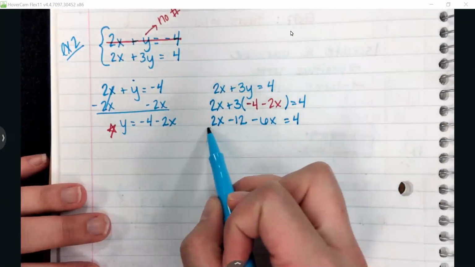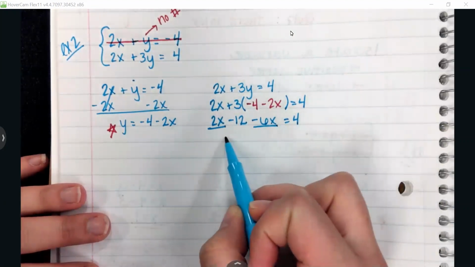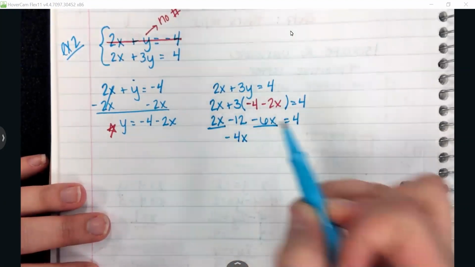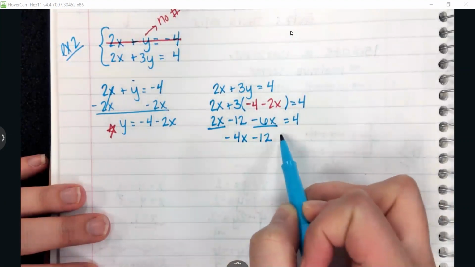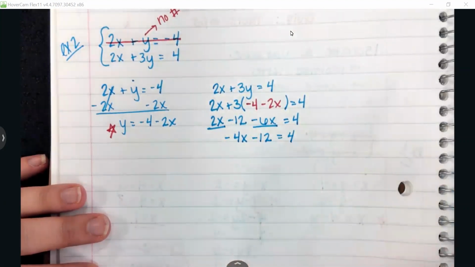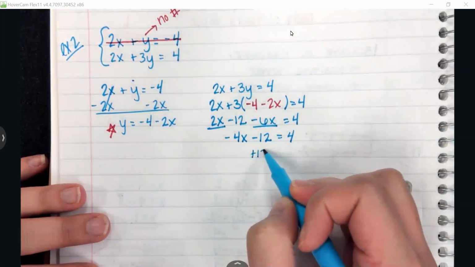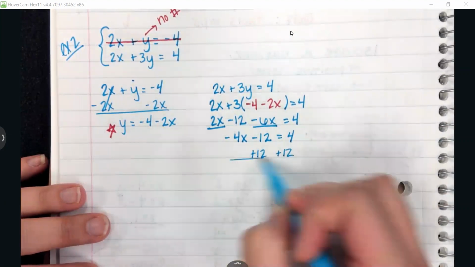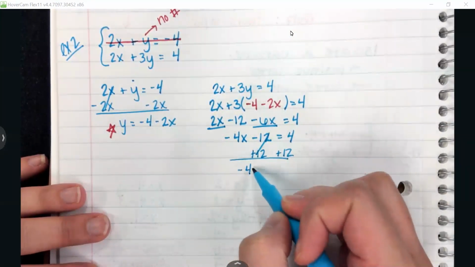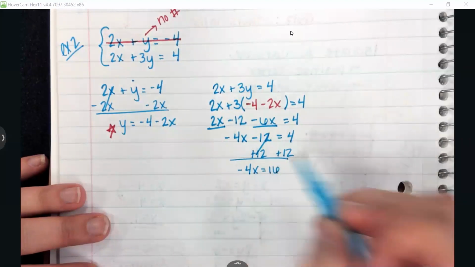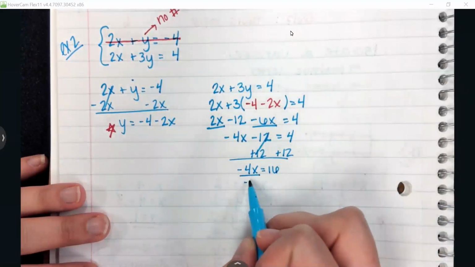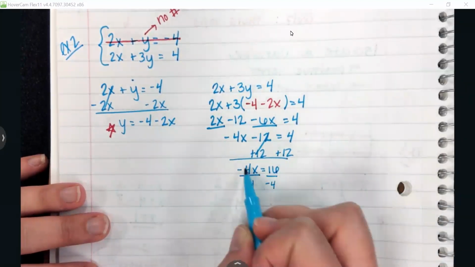Now it's just basic algebra, combining like terms. Negative 4x minus 12 equals 4. Gonna add 12 to both sides. So I have negative 4x equals 16. Divide by negative 4.